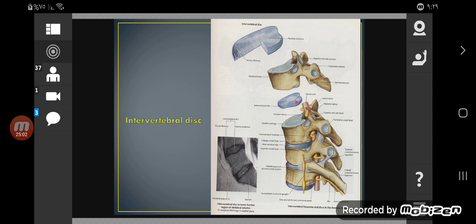You can see if the nucleus pulposus herniates posterolaterally, it compresses the spinal nerve, and because of this, the patient has pain and motor symptoms related to this spinal nerve.